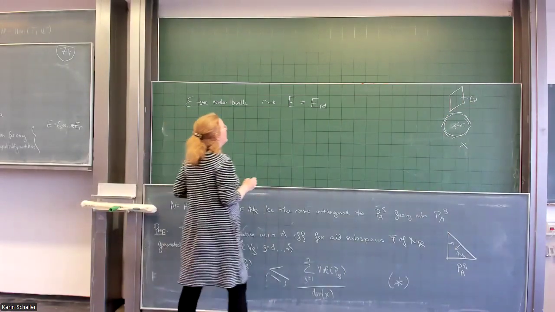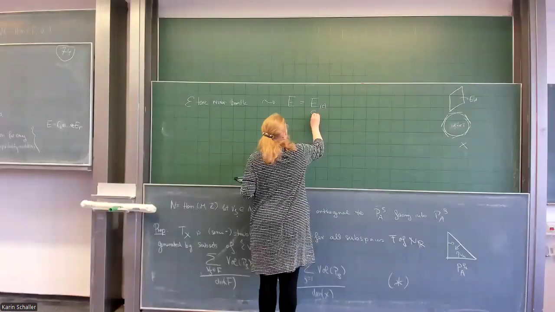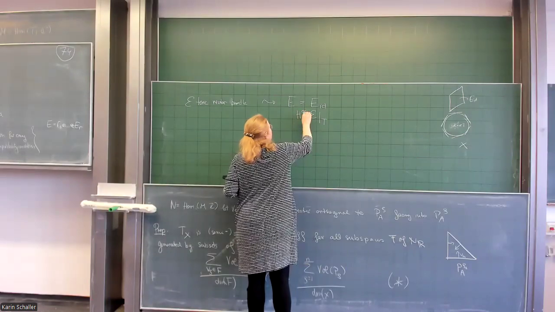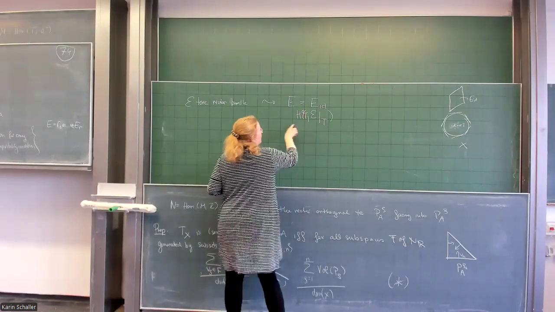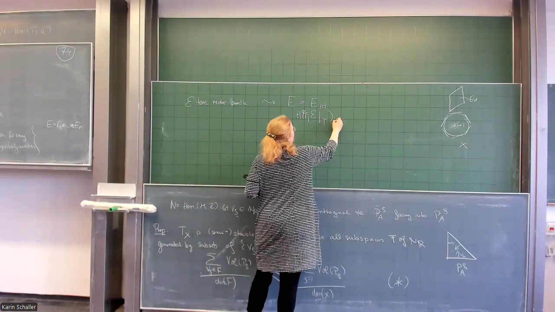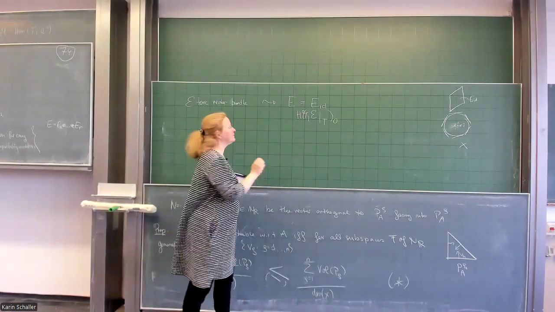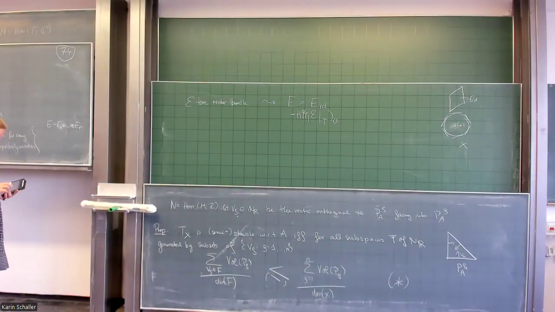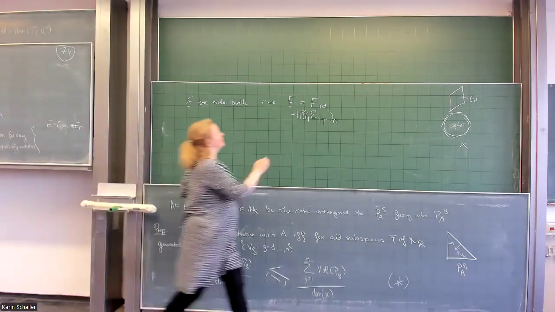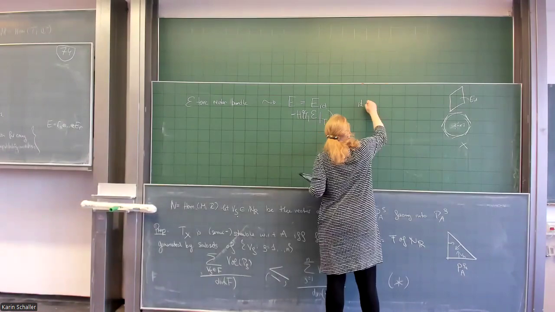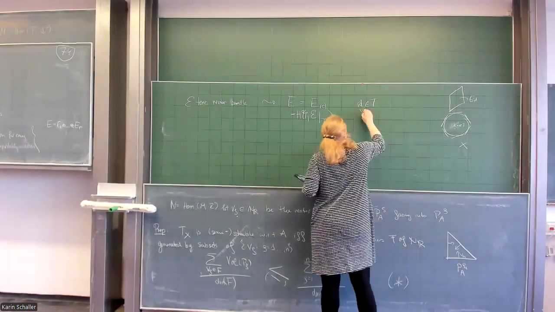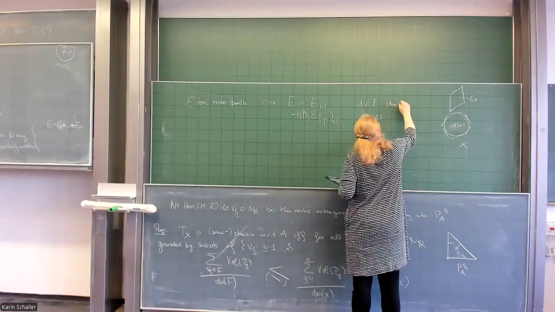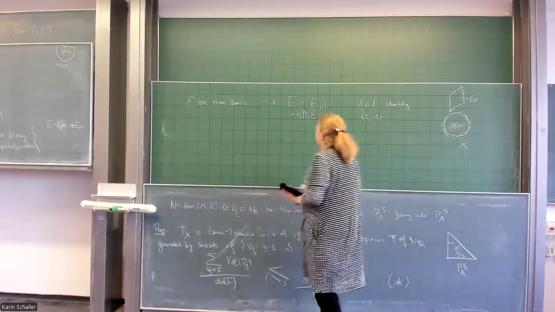You can also take E restricted to T, the global sections of this. This has a natural T action, and you can take the torus invariant part of this.